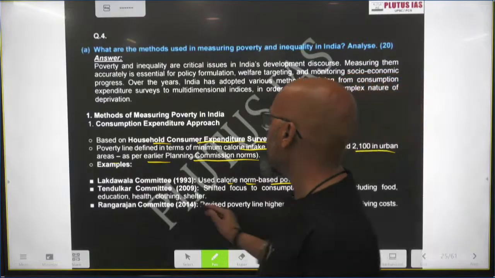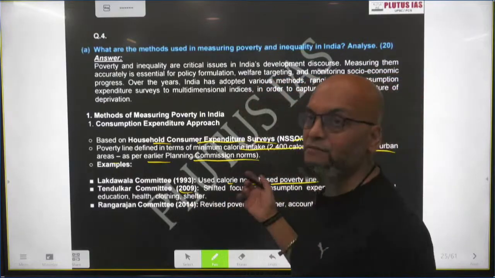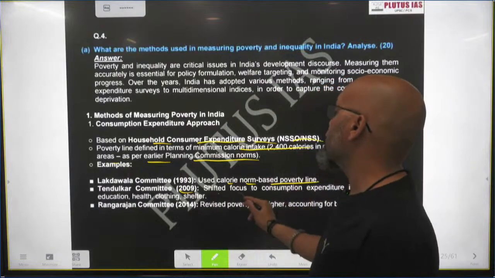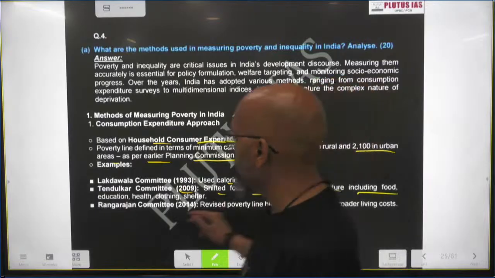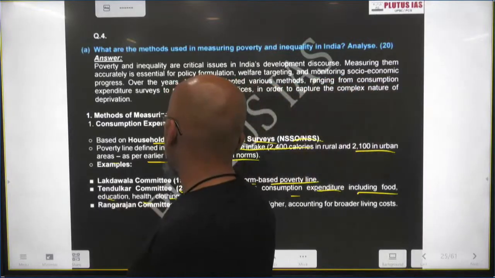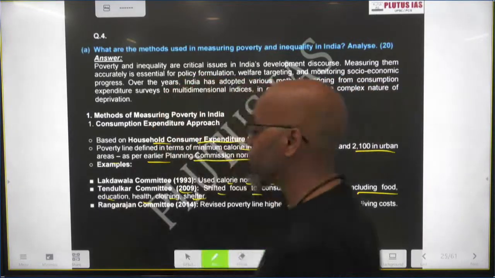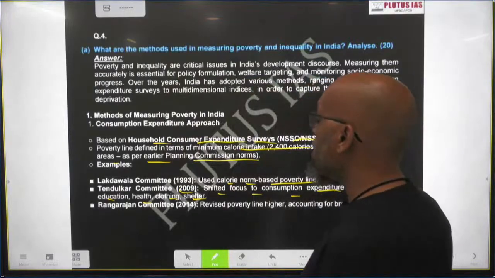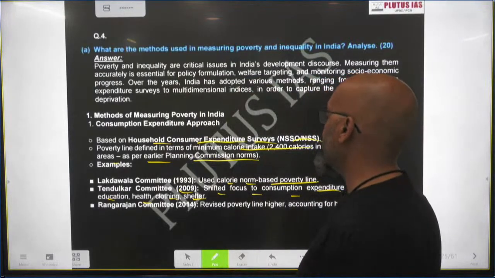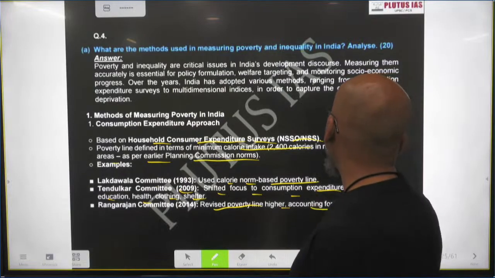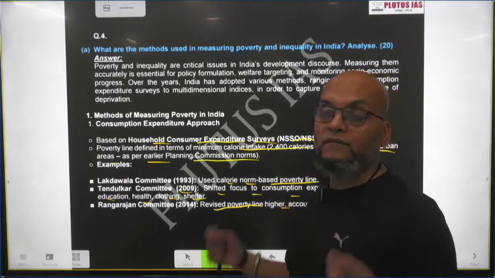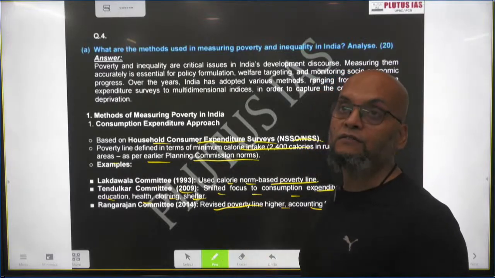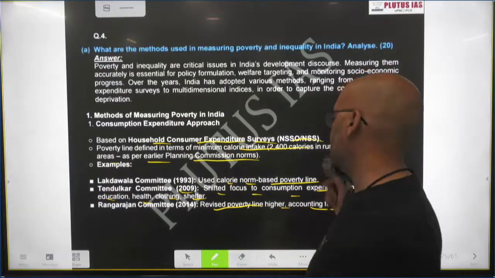The Tendulkar Committee of 2009, which we have done in great detail in classes, shifted focus to consumption expenditure, including food, education, health, clothing, and shelter. Then the Rangarajan Committee of 2014 again revised the poverty line higher, accounting for broader living costs. So all the living costs that are necessary to live a decent life were incorporated here.